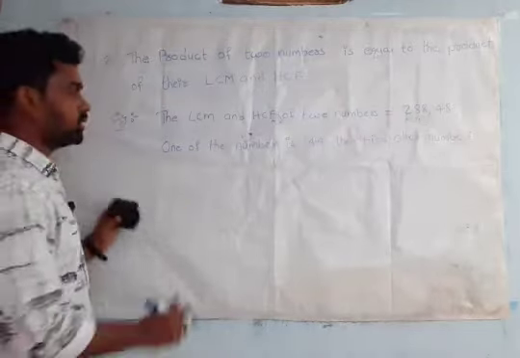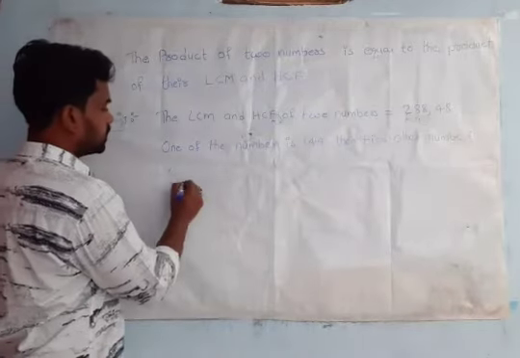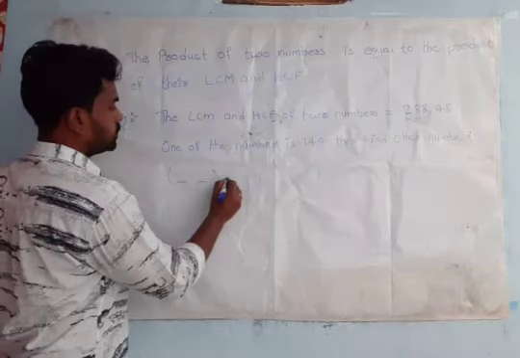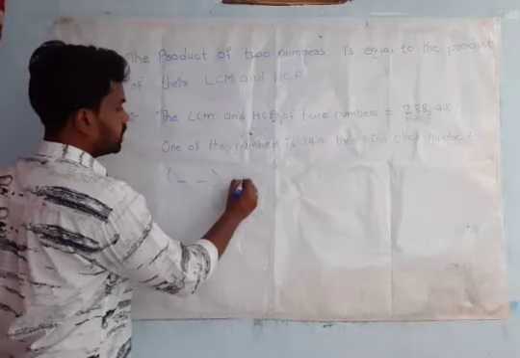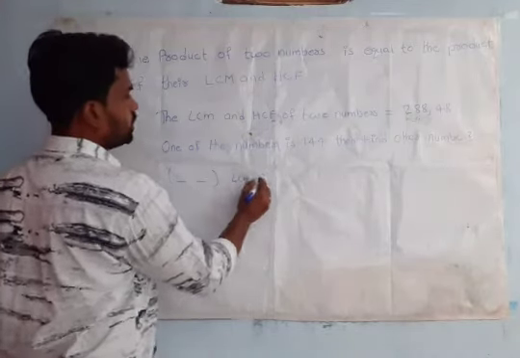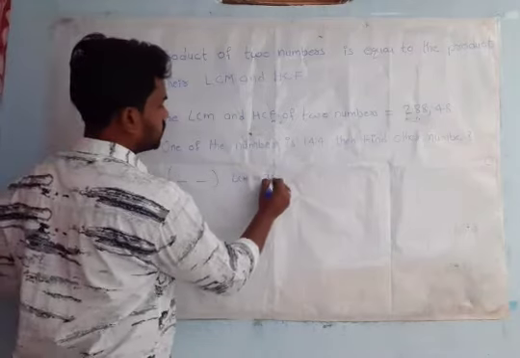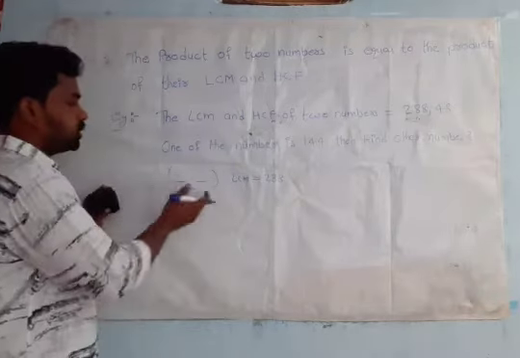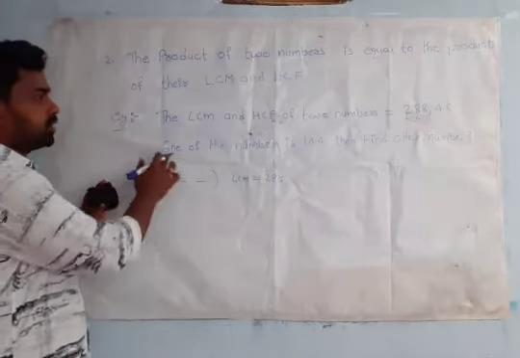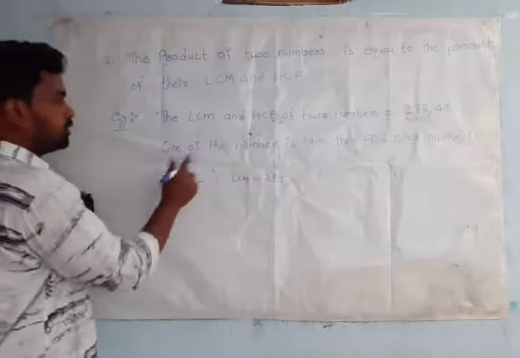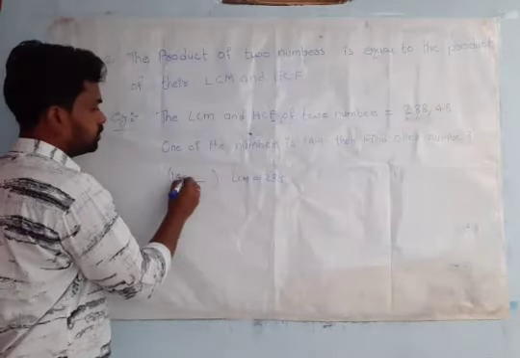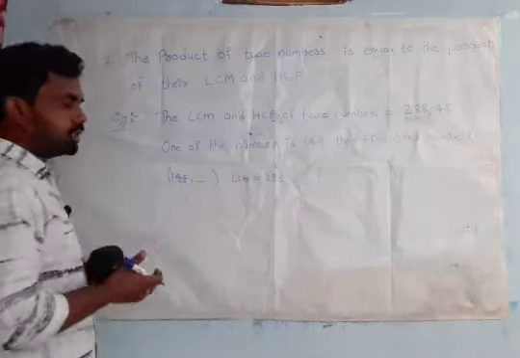Actually, the meaning of this question is that two numbers are there, and for these two numbers the LCM is 288. We don't know the numbers at first, but one number they have given: 144. We don't know the other number.